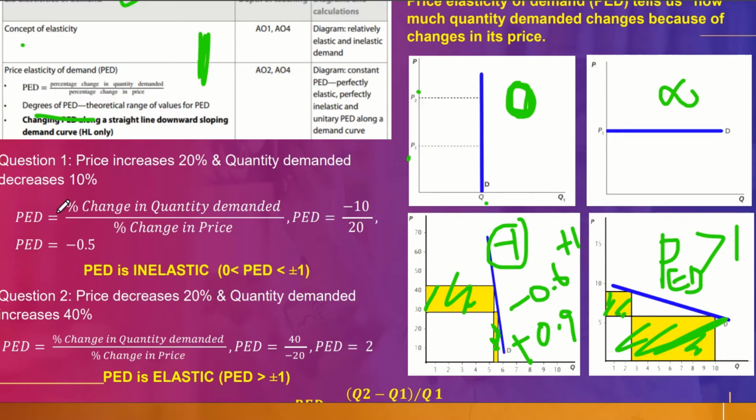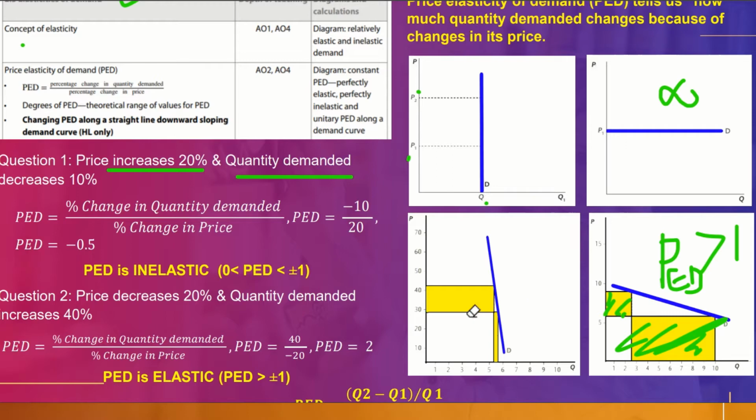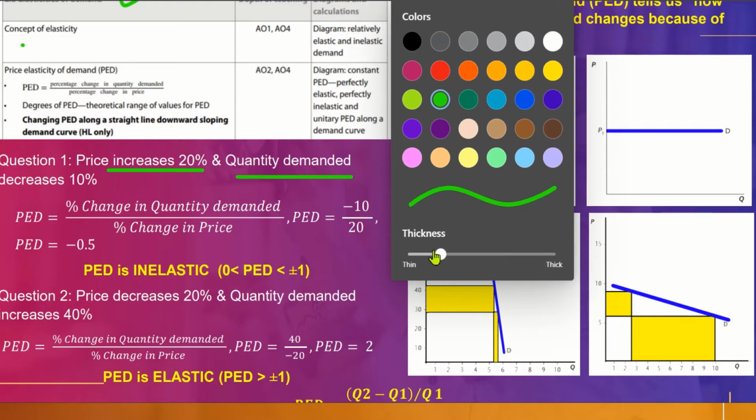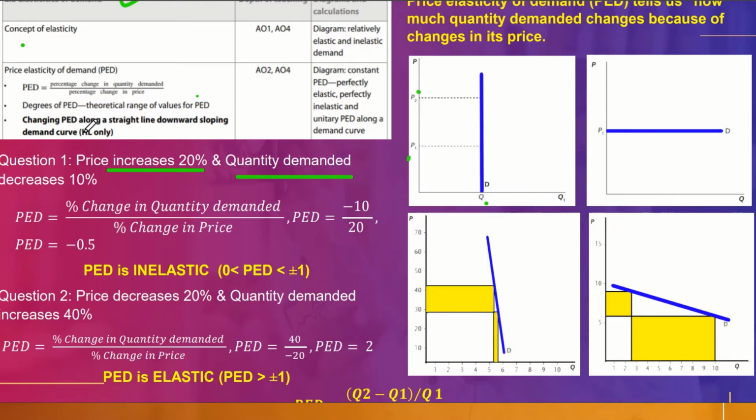Here one example we'll see. The price increases 20%, quantity demanded decreases by 10%. Remember, PED equals percentage change in quantity demanded divided by percentage change in price, which means how the change in price is affecting the quantity demanded. The percentage change in quantity demanded is 10%, and because it decreases, we mark it minus.